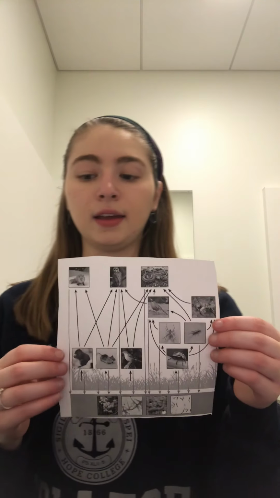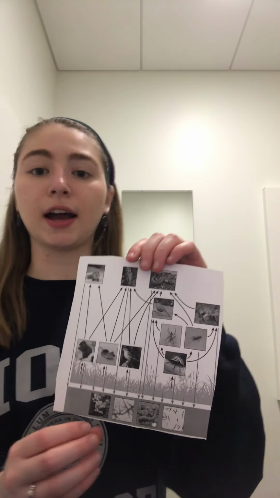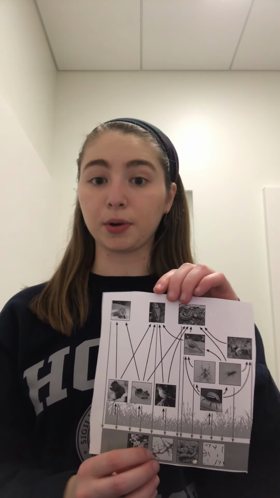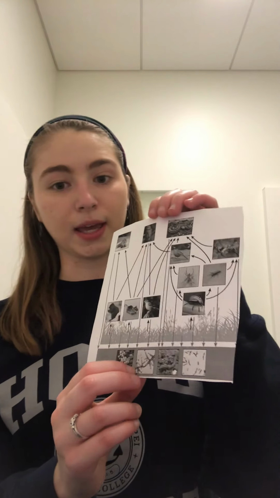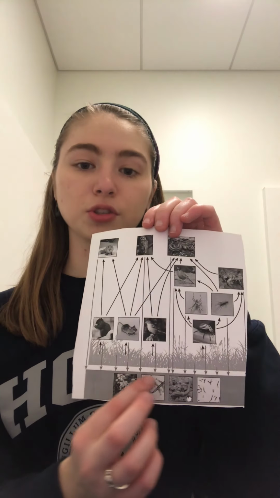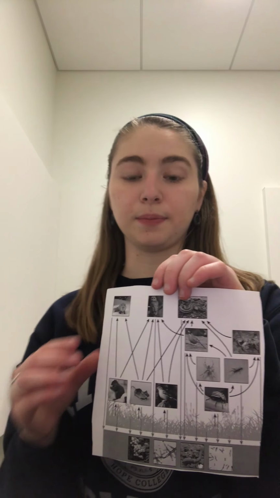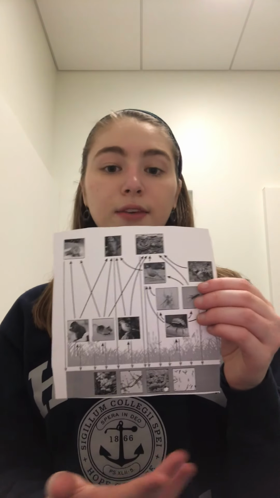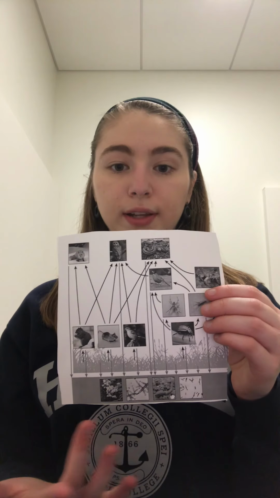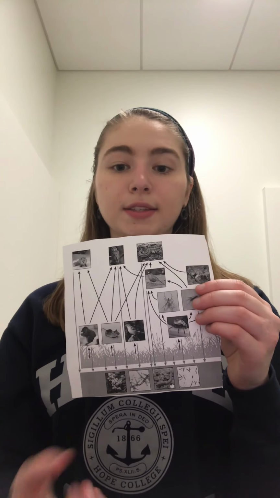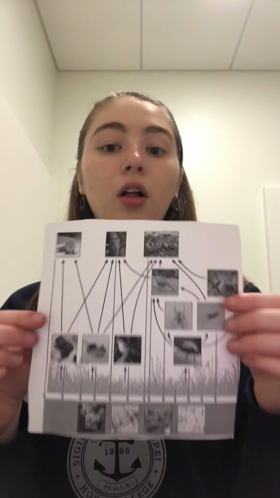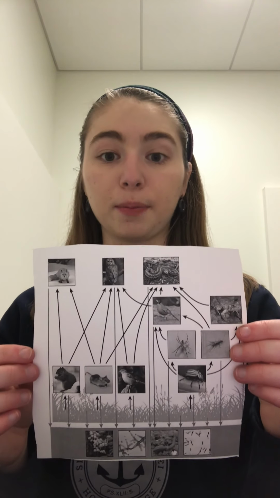Now, I would say if some kind of toxic element, such as copper, came into this ecosystem and somehow got into the nutrients or the soil, this would greatly affect everybody within this ecosystem because the fungi or any kind of other nutrients will absorb this toxic material, and all of the consumers will begin to absorb the copper as well.